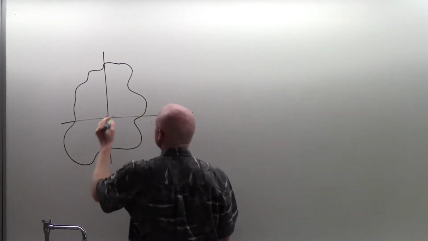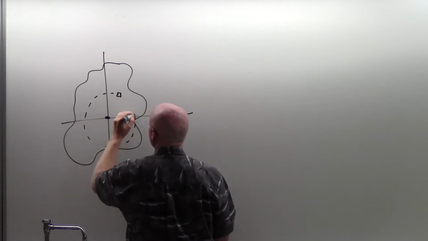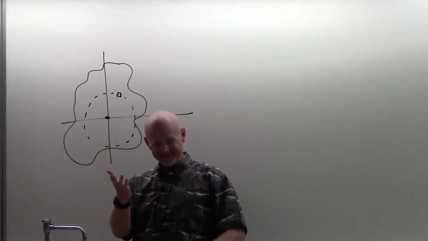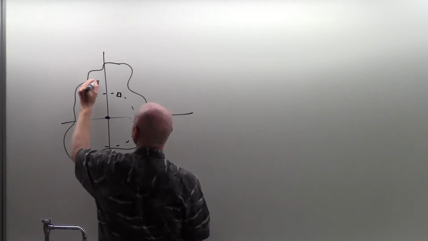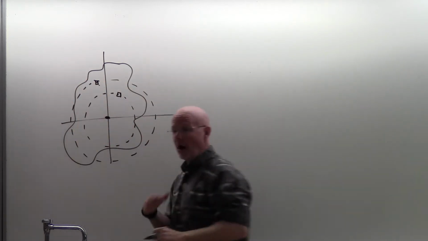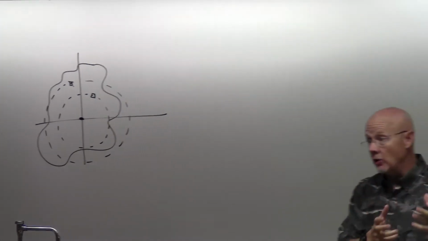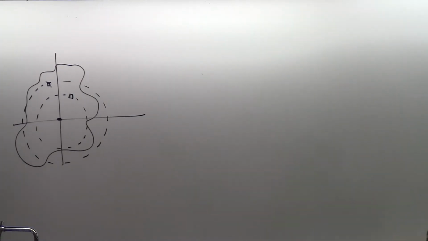And so as this thing spins, then this piece here would make a circle. This piece here would make a circle. And that was our whole argument in chapter 10, that if you have a rigid object, and so something that cannot change its shape, all the pieces would make a circle when they go around. Even though the object is some weird shape, the pieces on the object make a circle.